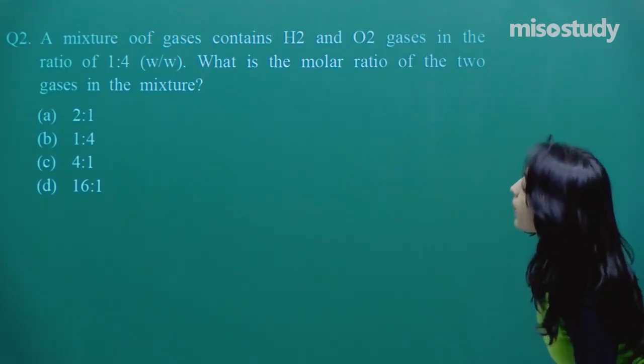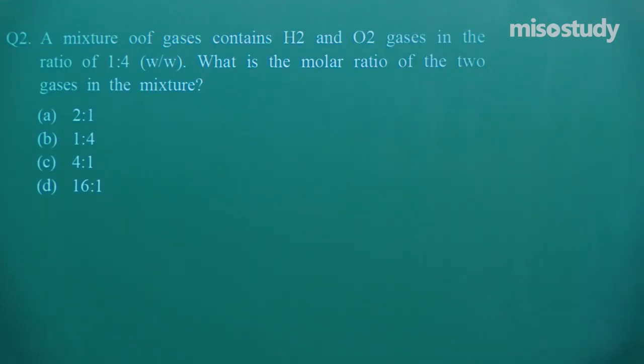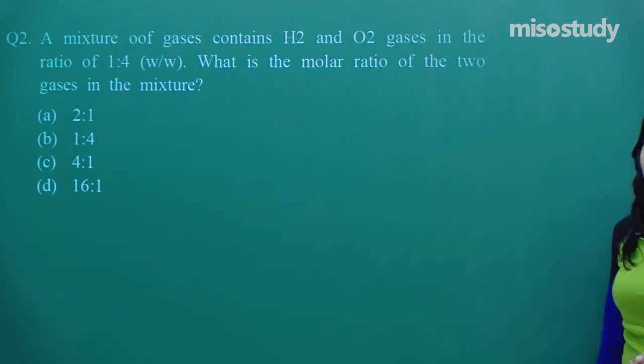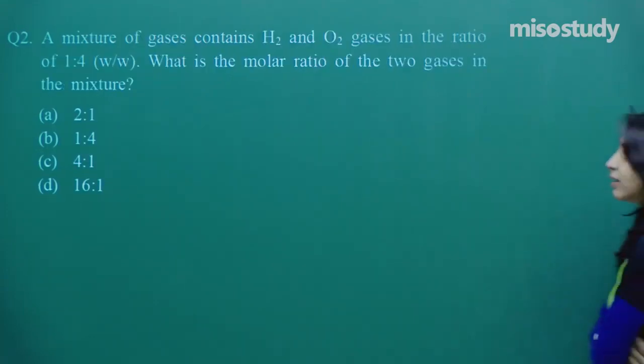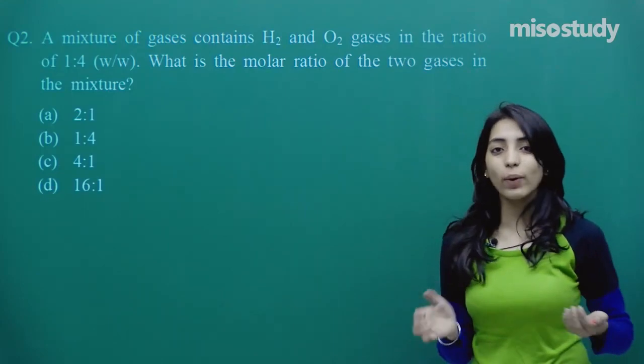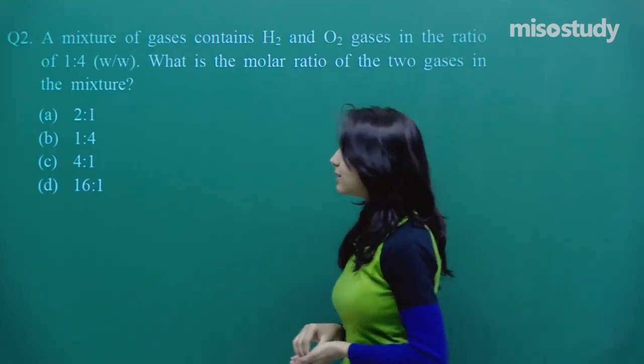Now, the question simply says, a mixture of gases contains hydrogen and oxygen gases in the ratio of 1:4. Now let us move on to the second question of the NEET exercises.